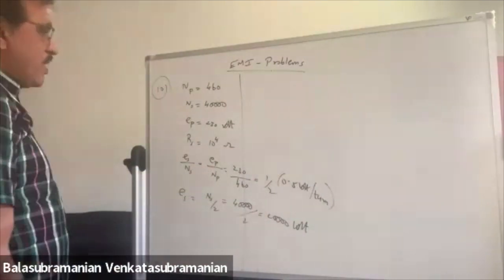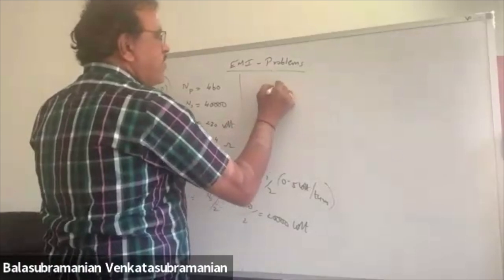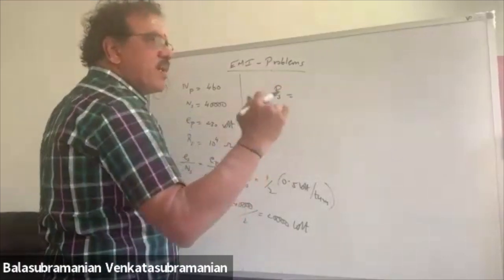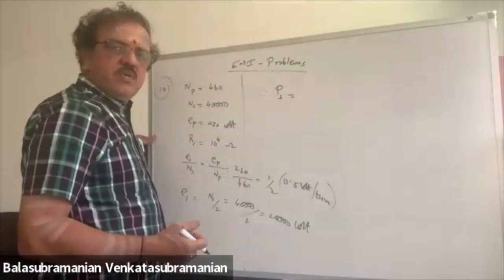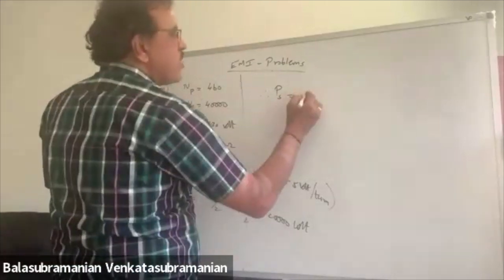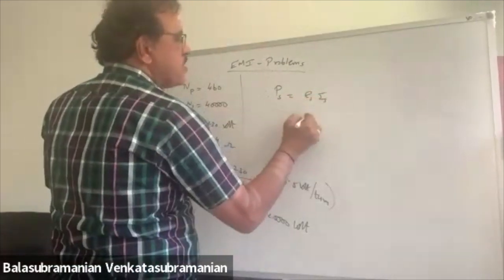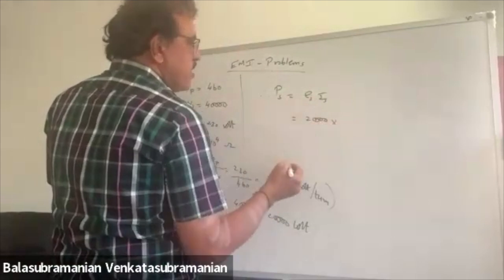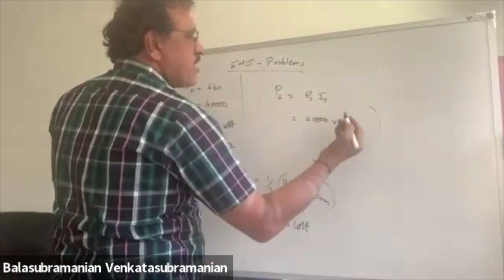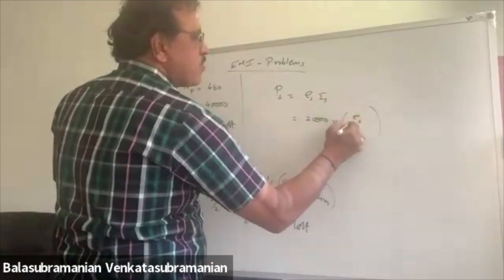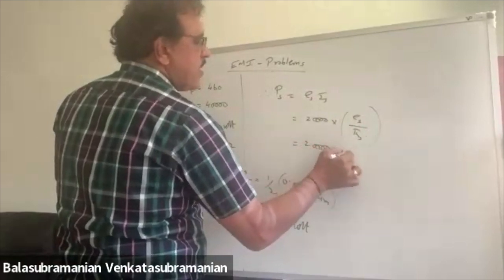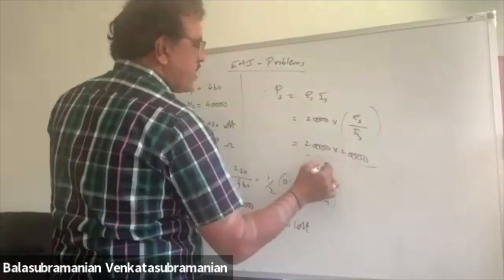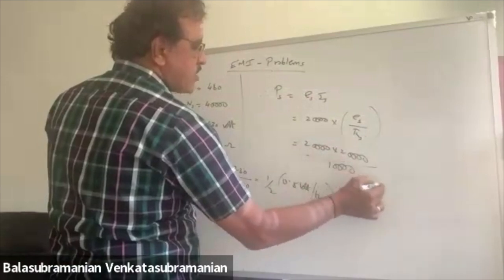Okay. What is the power? Therefore, power delivered. Power delivered means normally power will be delivered only in the secondary side. So, power is equal to ES into IS. 20,000 into current, which is ES by RS. 20,000 into 20,000 by 10,000, RS.